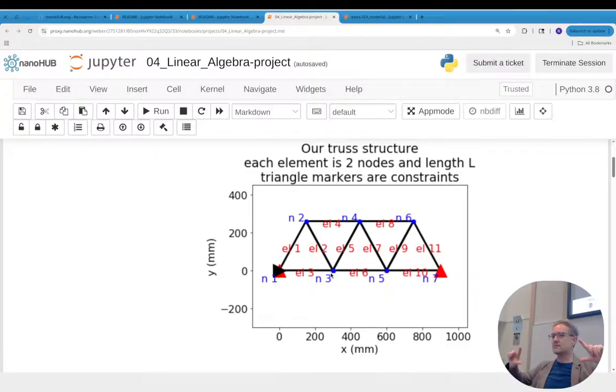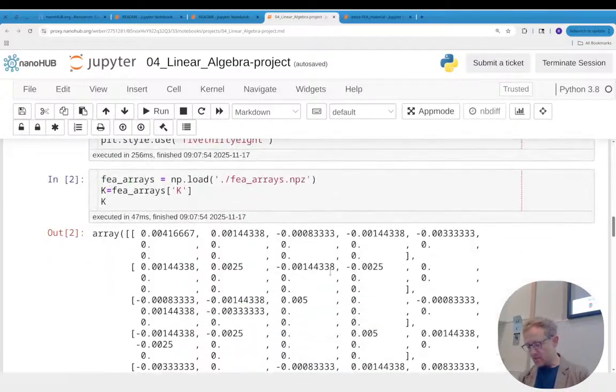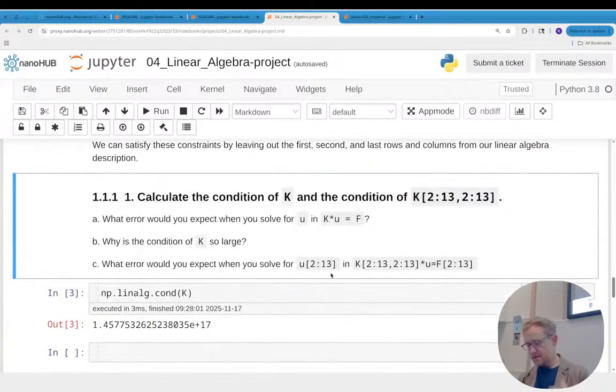So if you apply forces and try to solve for the displacements, even when force is balanced, there could be an infinite number of solutions. That's why our condition number is so high here, because we have a poorly defined finite element stiffness matrix right now.